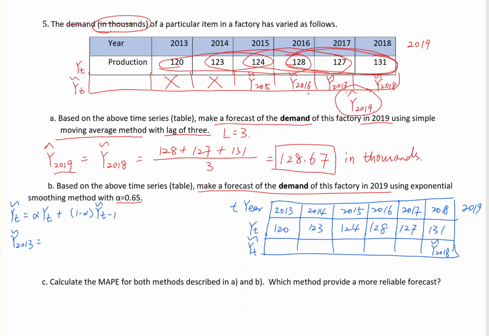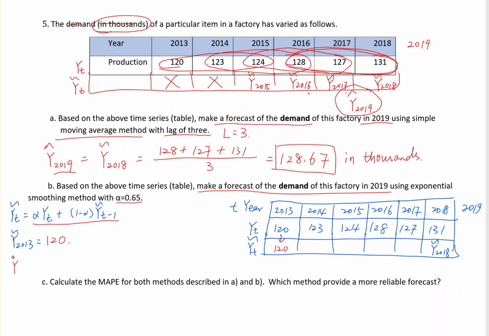We need a starting point. For 2013, you don't have the previous value, so you just keep the same value for the first year. So the estimated value for 2013 is just 120. From the next year, we will use this formula.